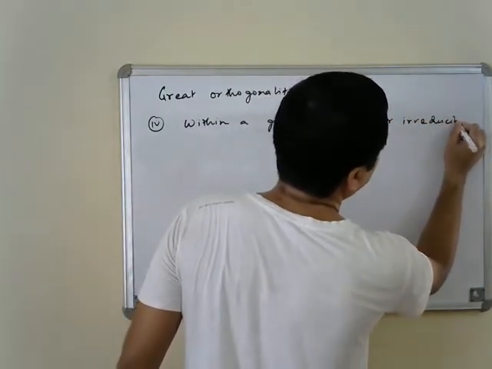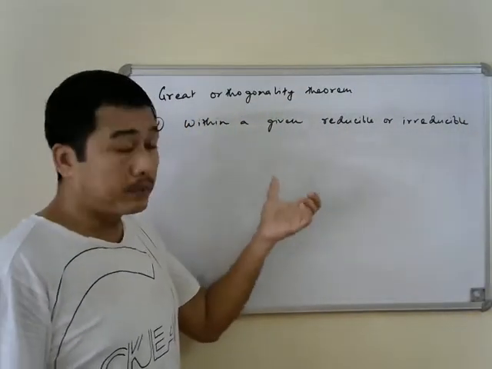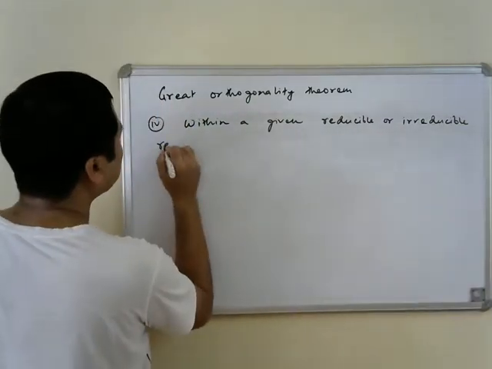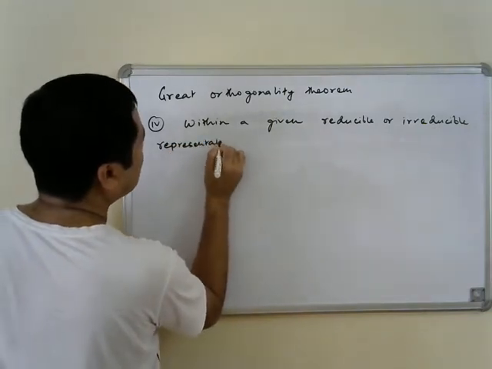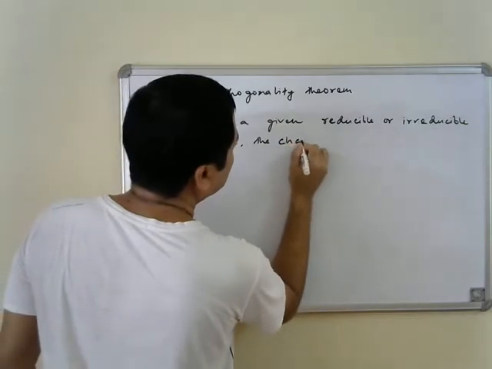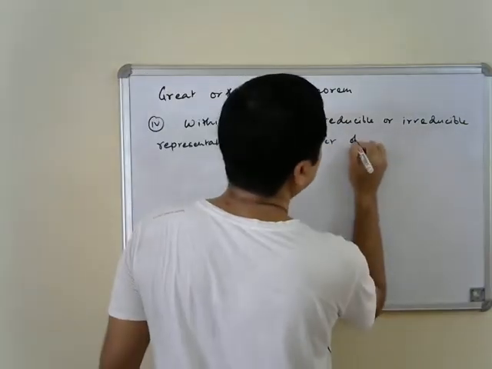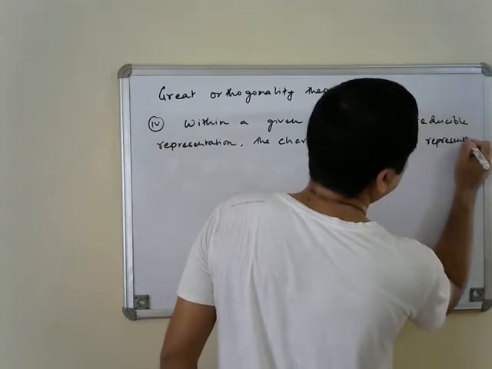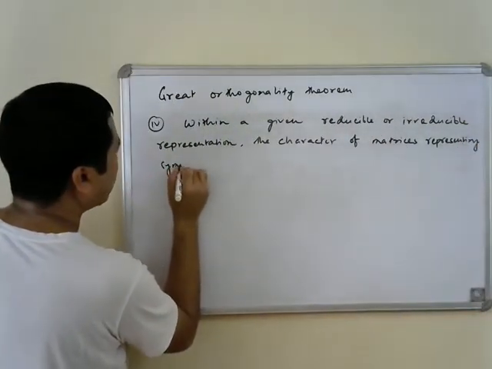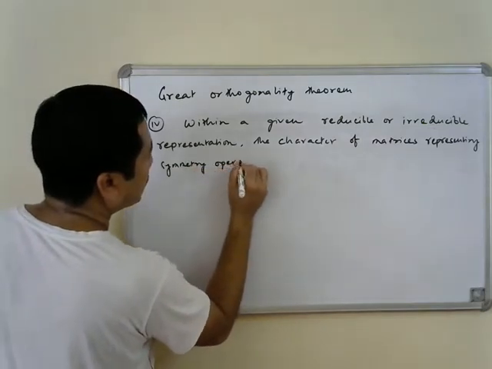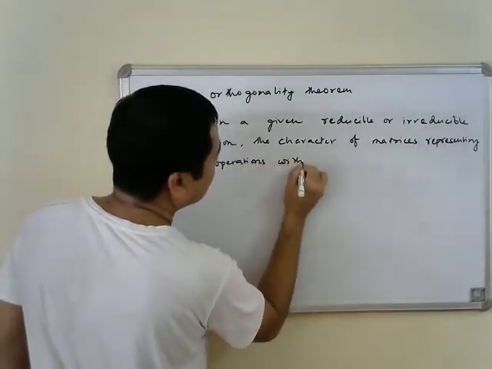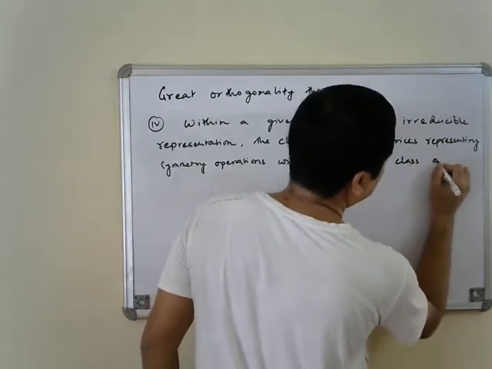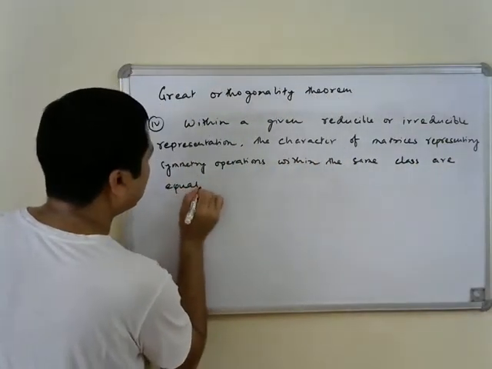So this particular rule is true for reducible representation as well as for irreducible representation. So what does this tell us?